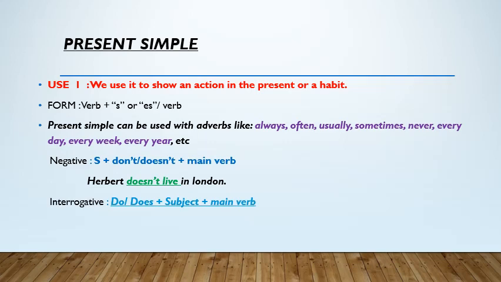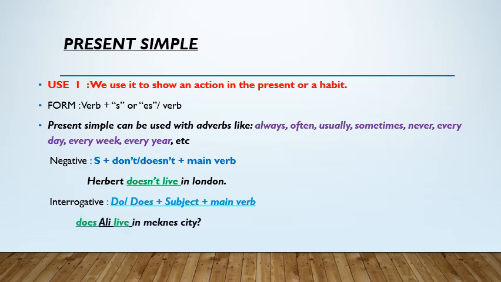When it comes to the interrogative form, we just change the places. First, we start with do or does, it depends on the subject. And then, of course, we put the subject and the main verb. One more thing, the main verb doesn't take s, okay? It is the auxiliary that takes s. So here, the main verb will be in the infinitive form.